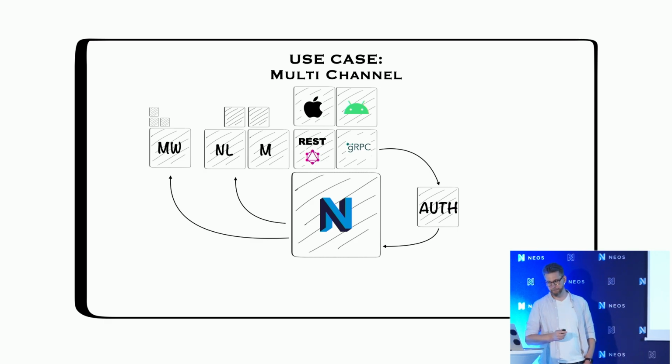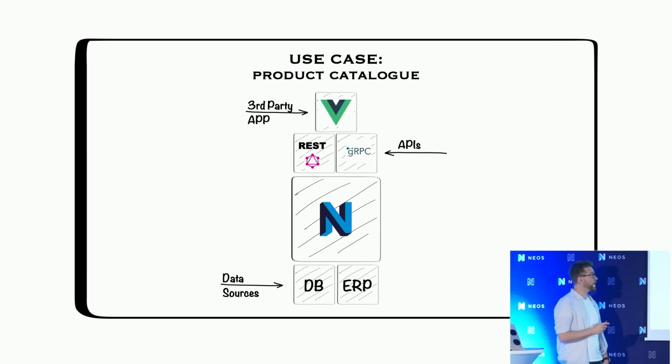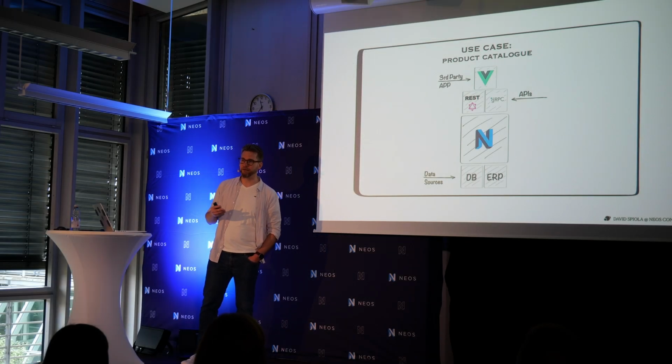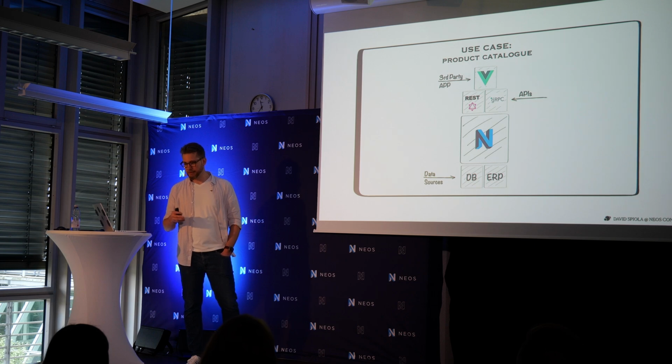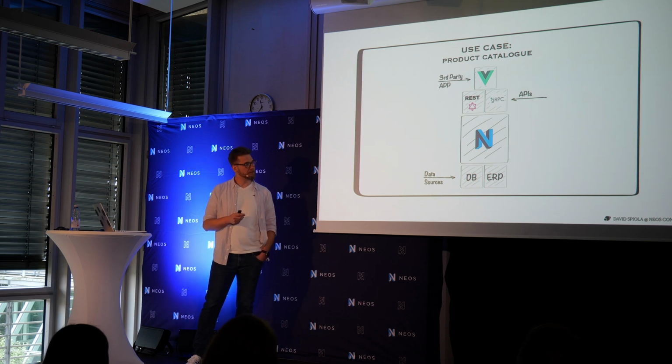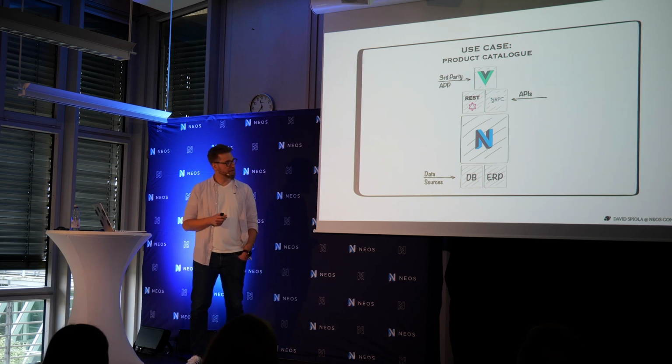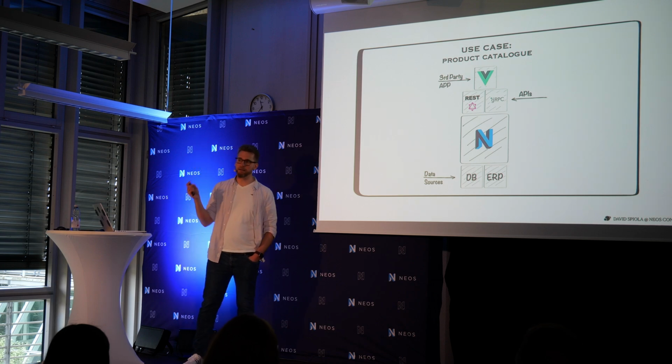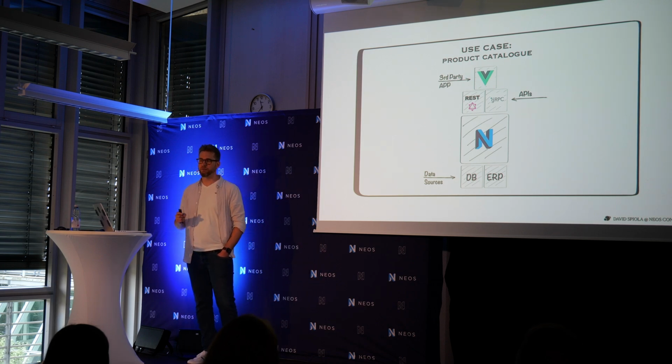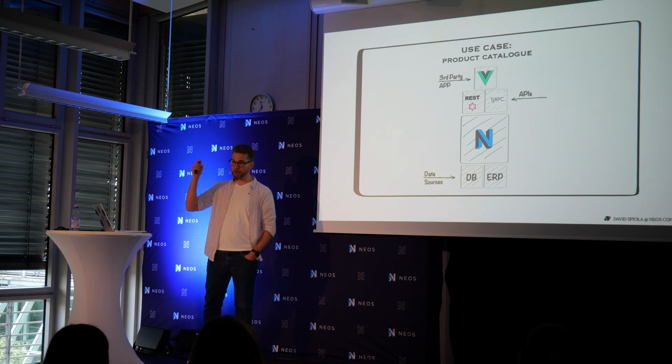Another use case I used twice in the past is a product catalog. What we basically did is that we had Neos, and Neos was getting information from other systems like databases or product ERP systems or PIM systems where you have a product number and some product information, where a product manager is taking care of the product.